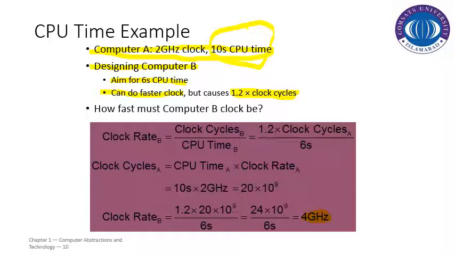So here we are computing the clock rate of B, and for the clock rate of B we require the clock rate of A, and for the clock rate of A we are using this formula, and we have put this value into this formula in order to determine the clock rate of B that is required in this problem. So this is the clock rate B.